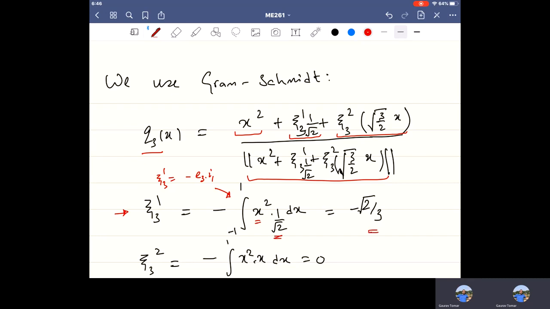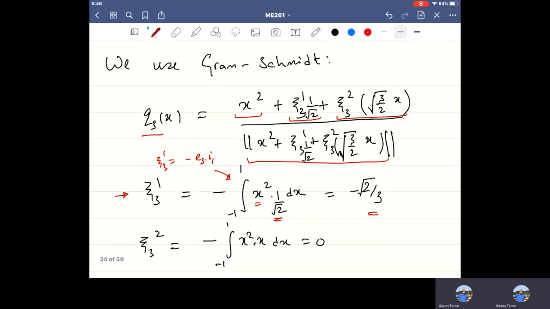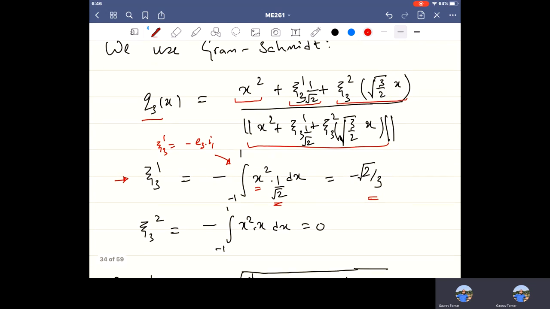You get minus root 2 by 3 doing this procedure. And to find xi32, you will have to do minus e3 dot i2, and it turns out it is 0 because x and x square are orthogonal. Correct?